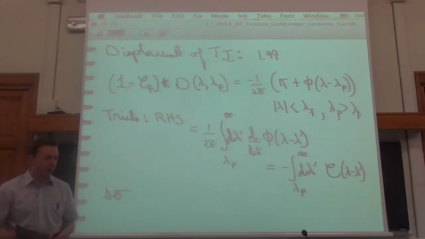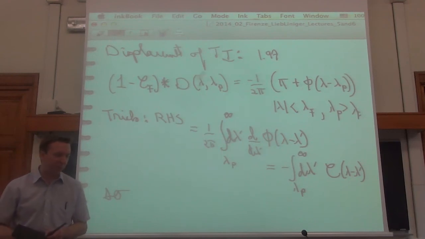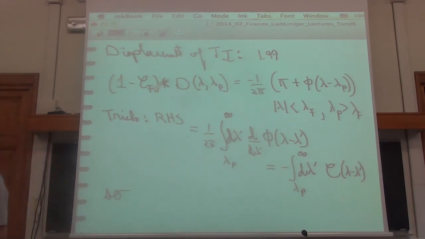So what do we do? Well, we have this equation for the displacement here, 1 minus c with the d. In order to invert this integral equation, we apply 1 plus L on this, okay?